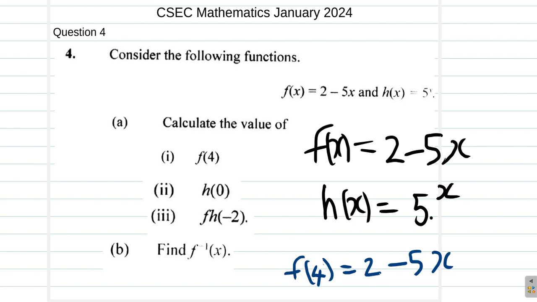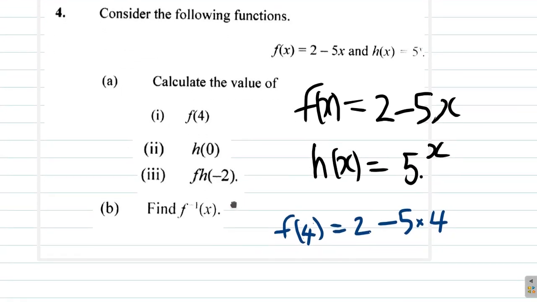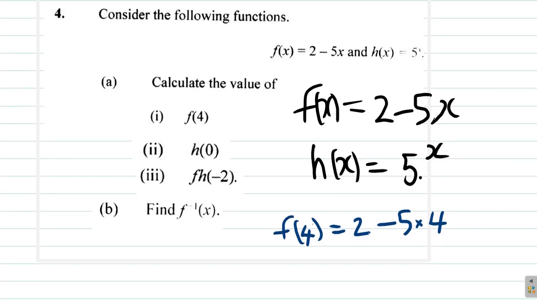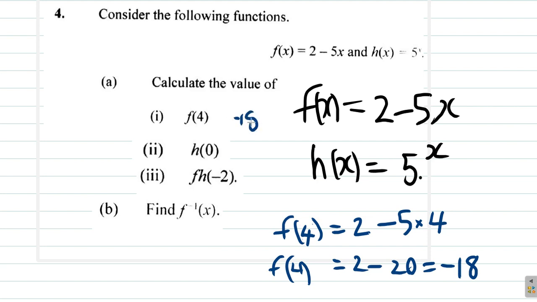Remember, 5x means 5 multiplied by x. Again, you remove x and put 4. So f of 4 is equal to 2 minus 5 by 4. So f of 4 is equal to 2 minus 20, which is negative 18. So f of 4 is negative 18. Alright?